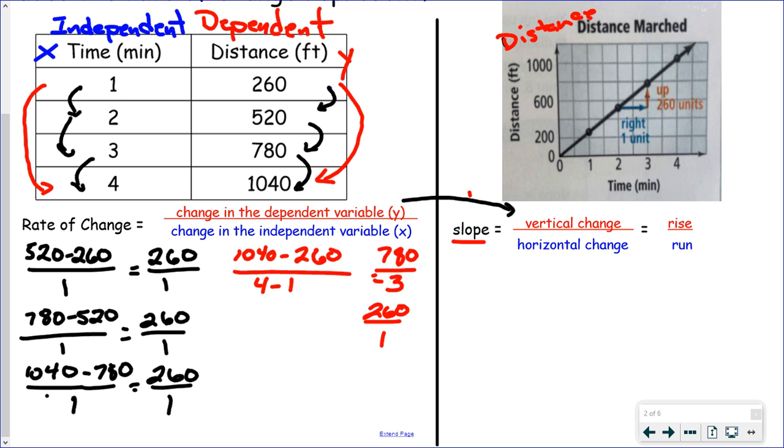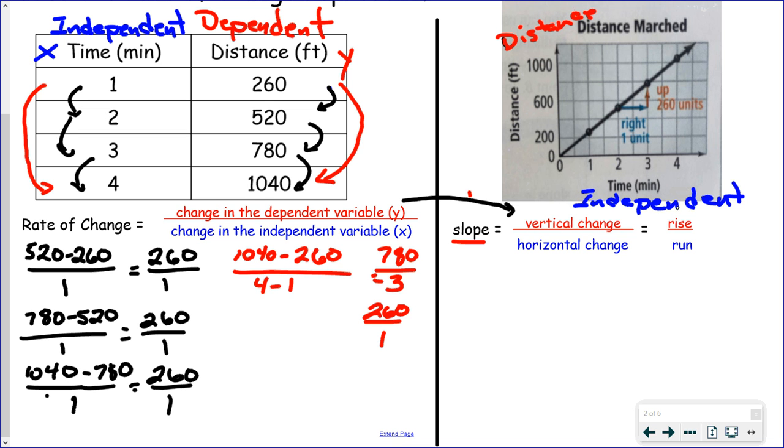Notice this is a graph of this data, okay? I showed you how to find the rate of change from the table. Now I'm going to show you how to find it from the graph. So here's my dependent variable. Here's my independent variable. Time will always be an independent variable.